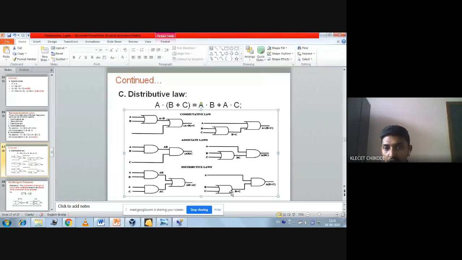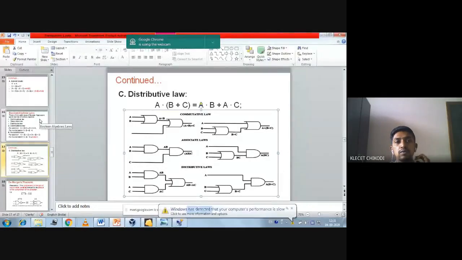This output of the first OR gate is given as input to the second AND gate, along with one more input A. Finally, at the end of the AND gate, you are getting A into B plus C as the output. So both are equal. That's why, distributive law: A into B plus C is equal to A into B plus A into C.